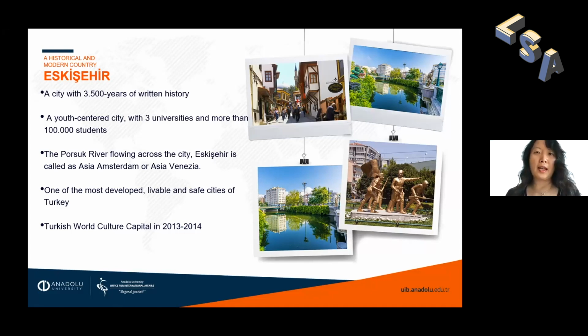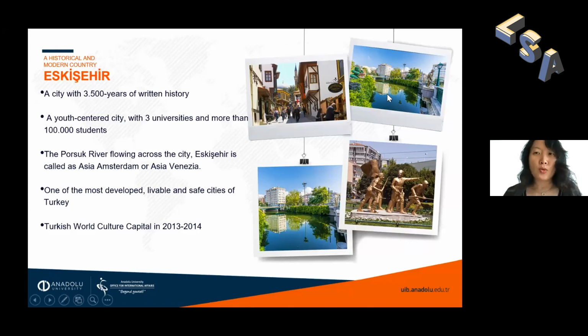Anadolu University and 2 other universities, which actually separated from Anadolu 30 years ago and 3 years ago, respectively. So before the pandemic, we can say there were 100,000 students in this city, 10 months per year.